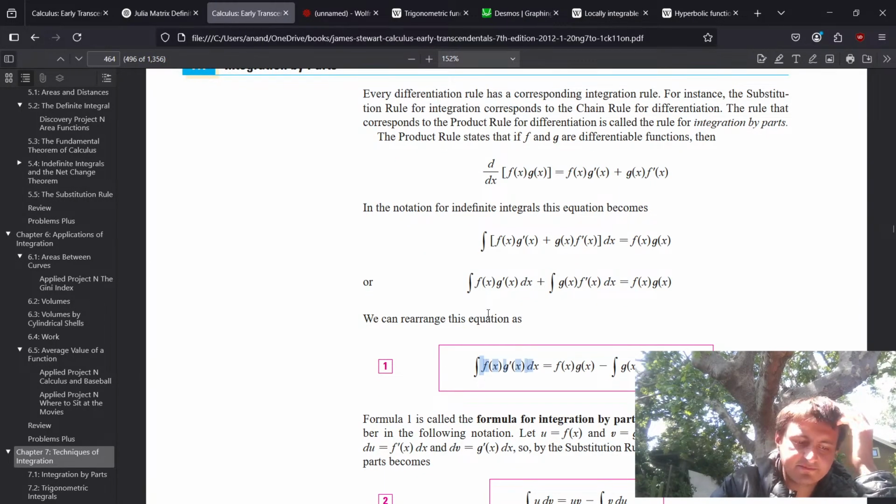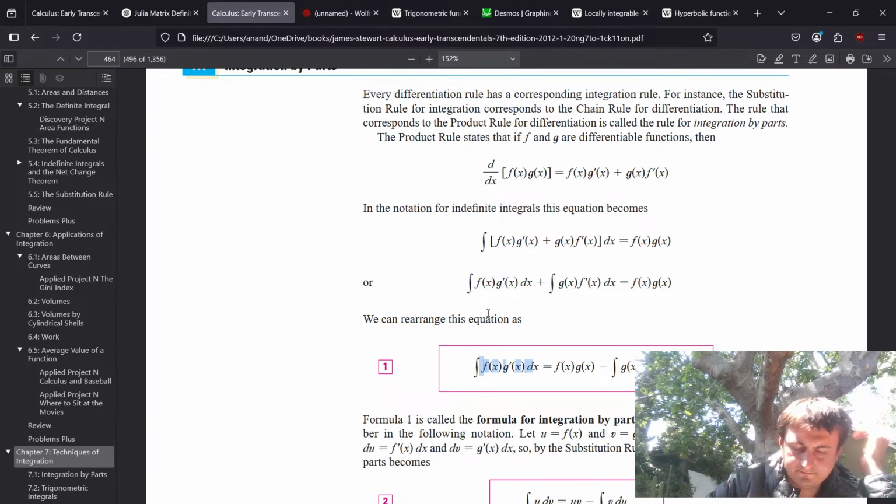That's pretty clever. Okay, so integration by parts. If you start with d/dx of f g, you get f prime g plus g prime f.